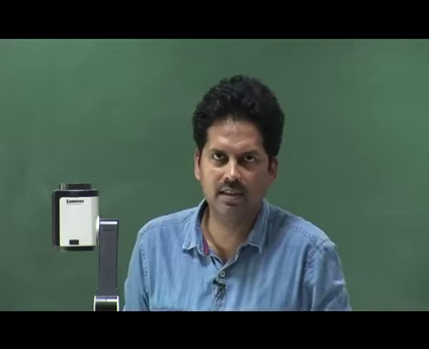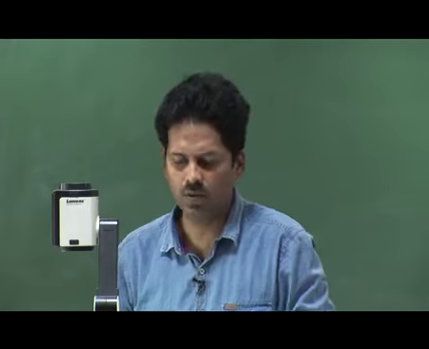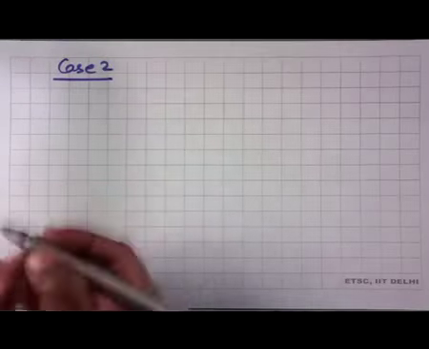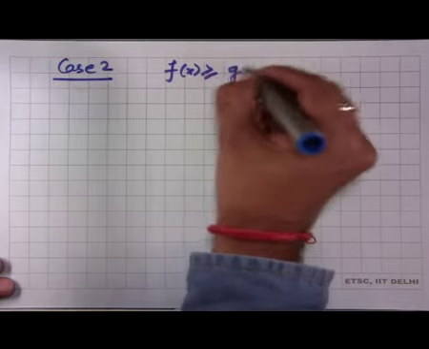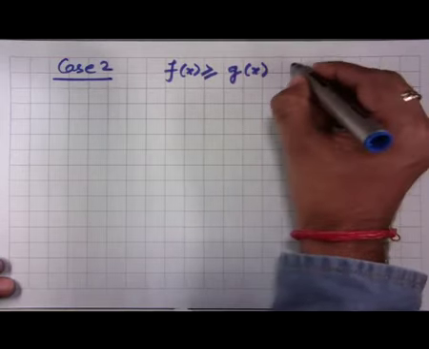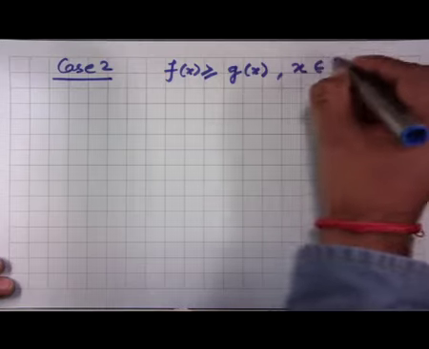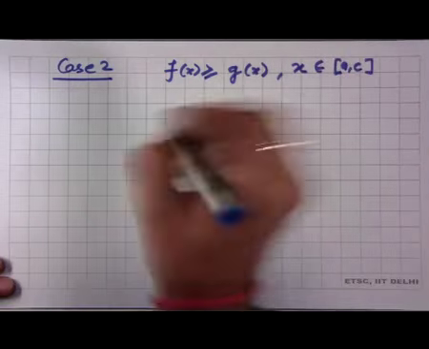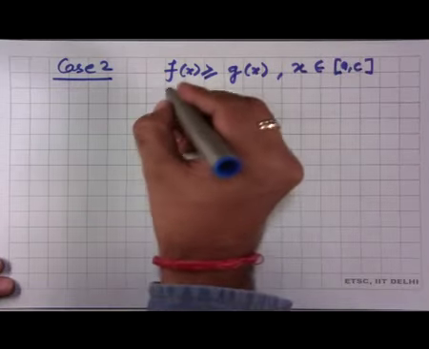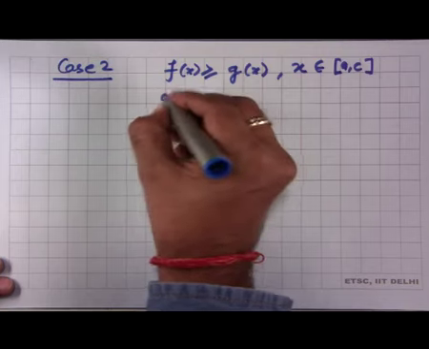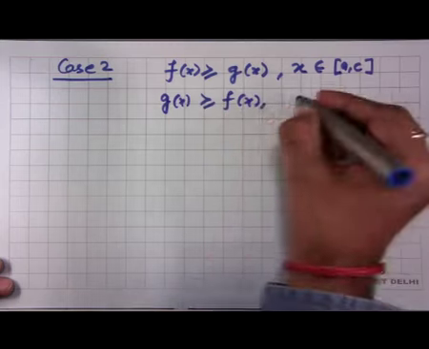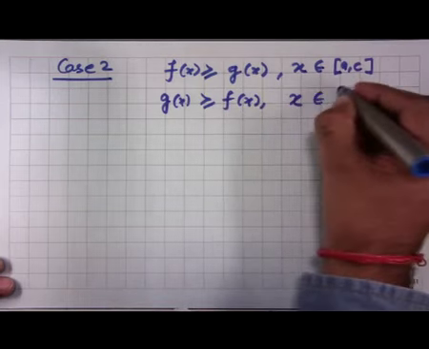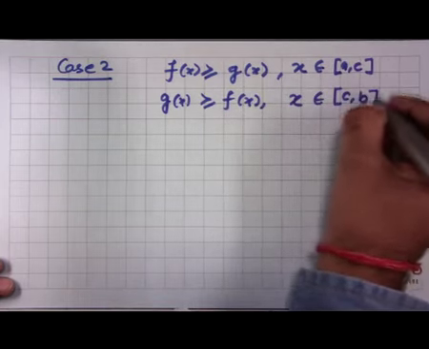Let us take another case 2, where f(x) dominates g(x) when x belongs to the closed interval [A, C], and g(x) dominates f(x) when x belongs to [C, B].